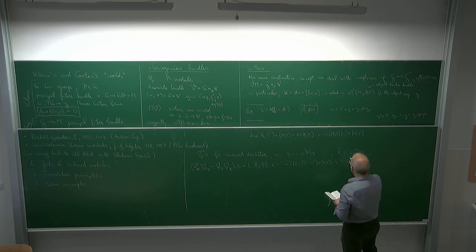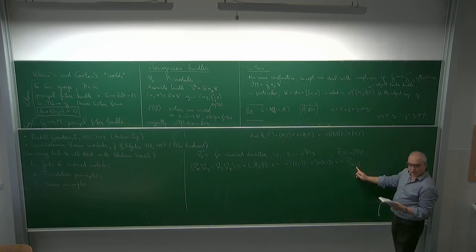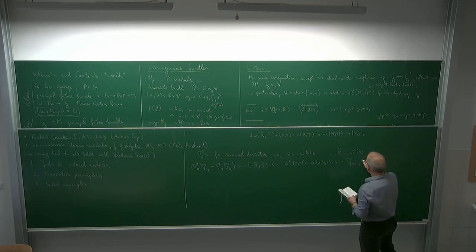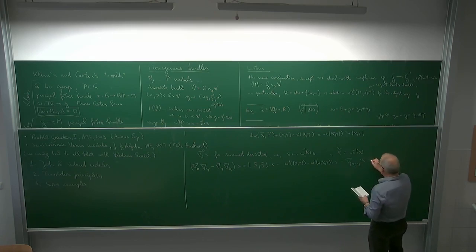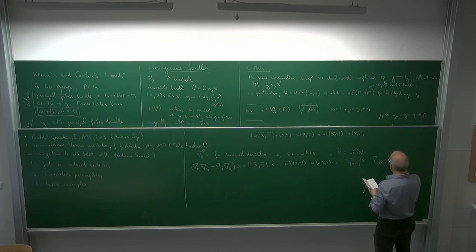It will be the invariant derivative in the direction of the bracket hitting S minus, and now it will be the invariant derivative in the direction of the curvature hitting the S.